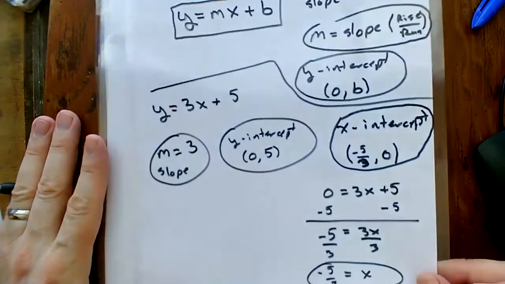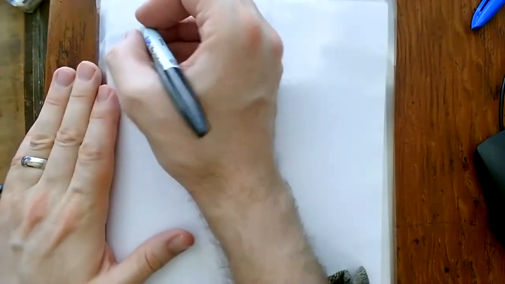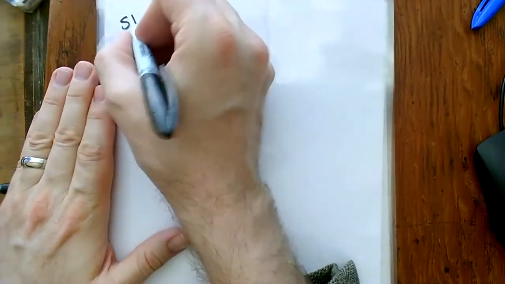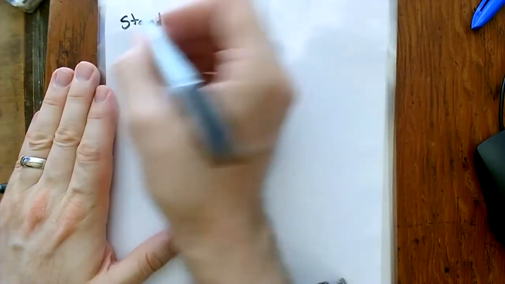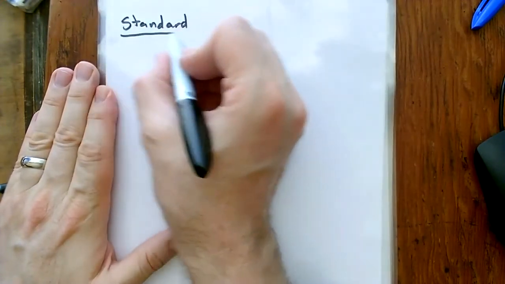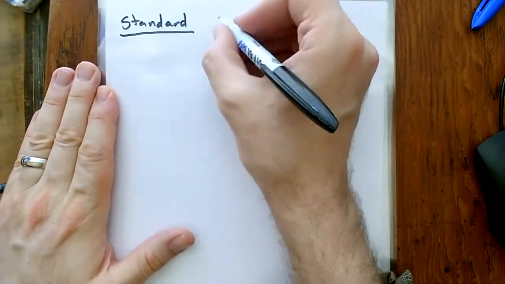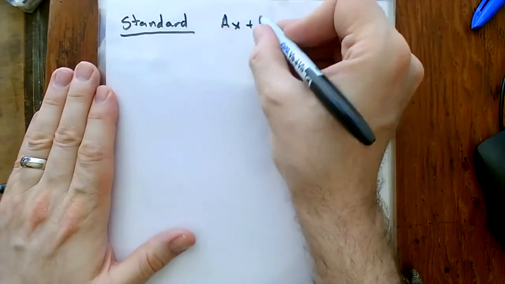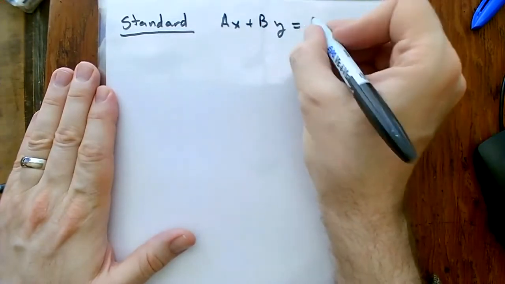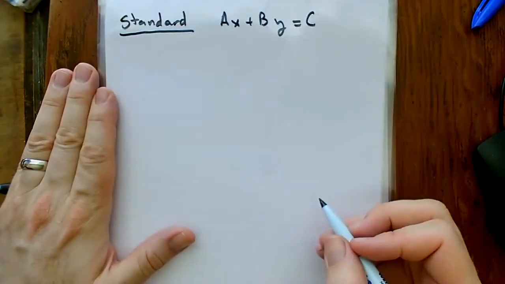So let's try another type of equation. This is called standard form. I don't know why this one is called standard and not the other type. These all have the form ax + by = c.